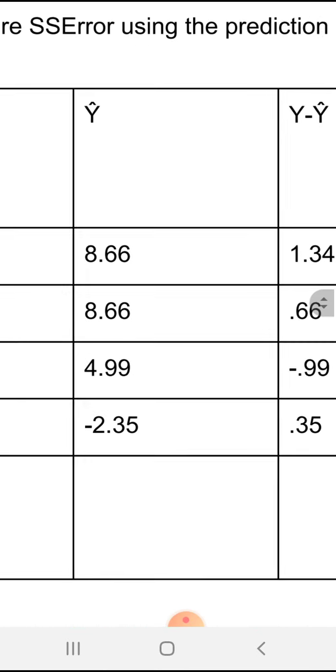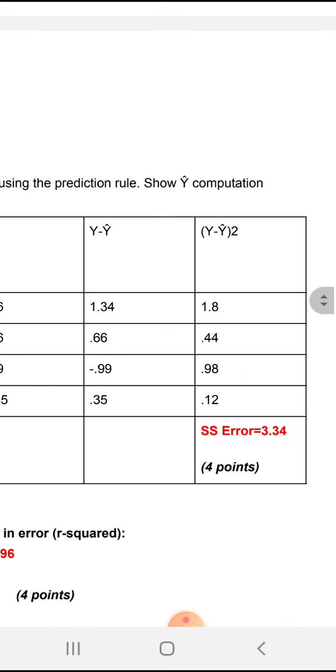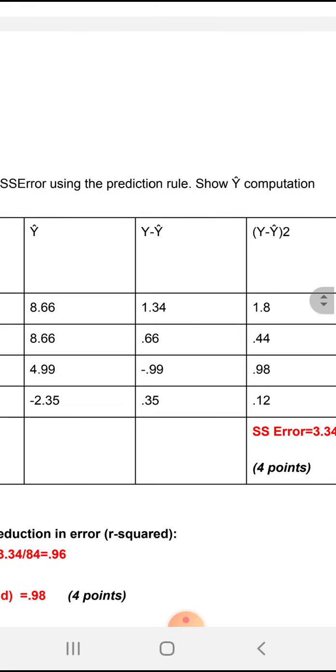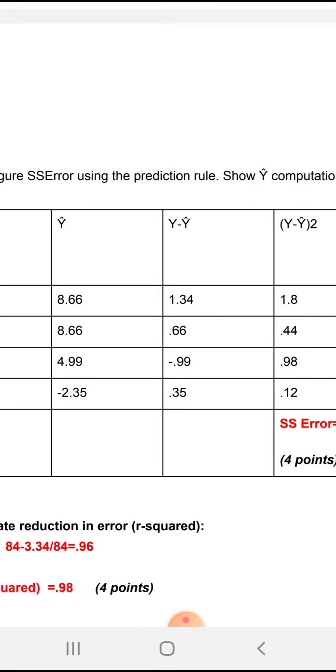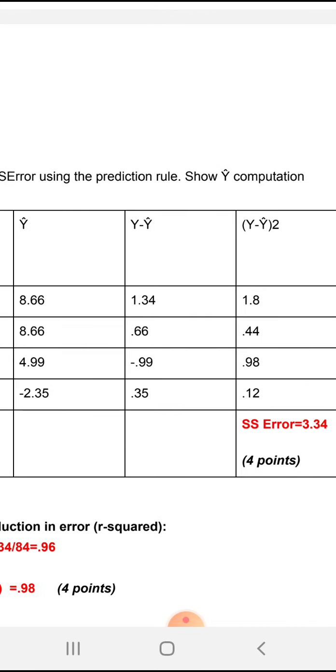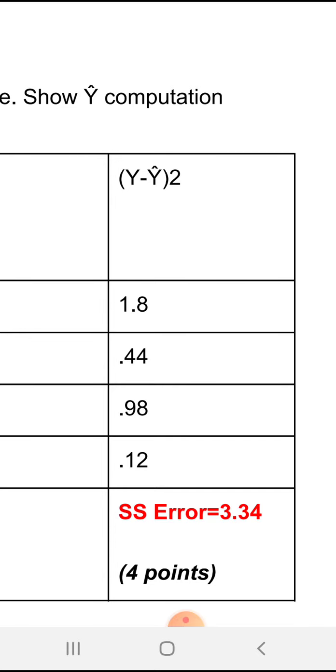So you get 4 y hat values here, and then you are going to go and take the deviations of y minus y hat. Okay? Very similar to what we did above in the first table. So you do y minus y hat, and then you do y minus y hat squared. Okay? This is not times 2.